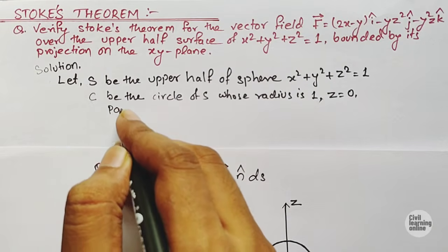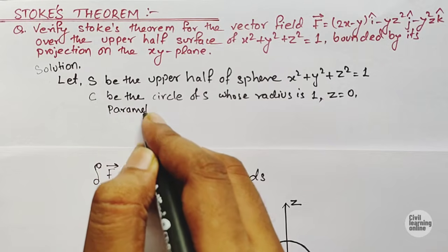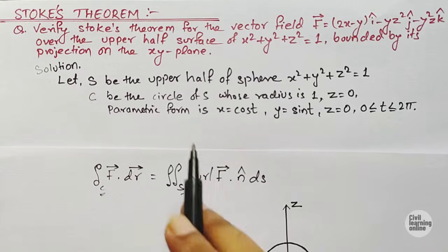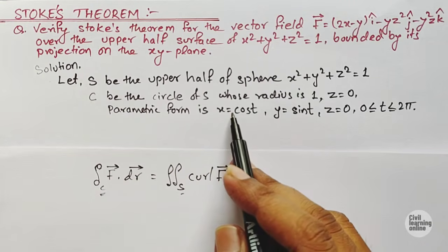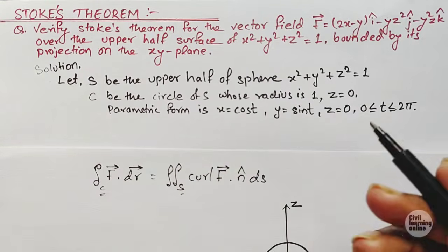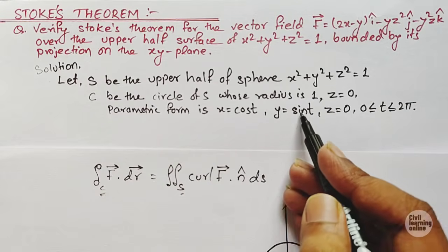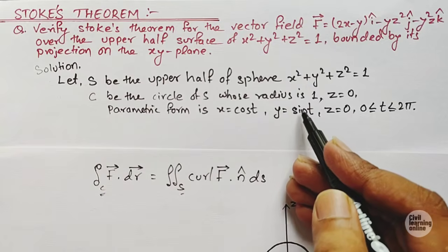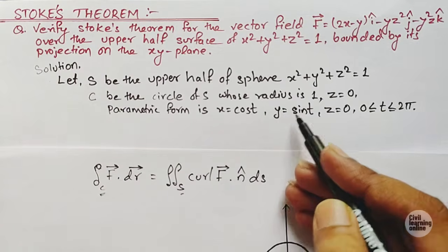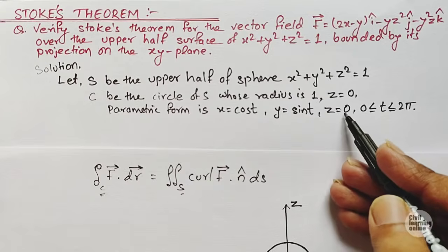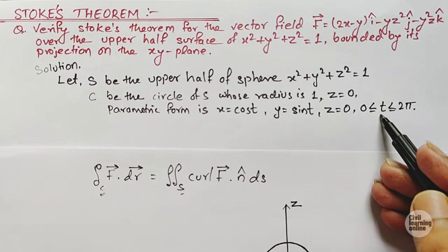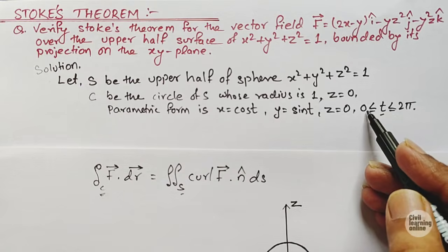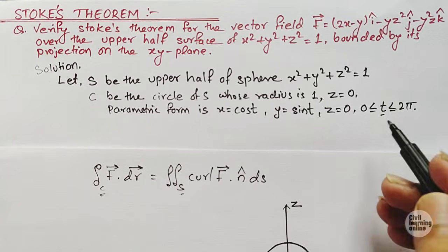The parametric form of x equals a cos t, and with radius a or r equal to 1, x equals 1 cos t, and y equals r sin t, so y equals sin t, and z equals 0. Here t is the angular parameter, and its value varies between 0 and 2 pi.